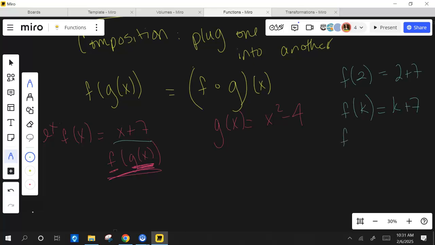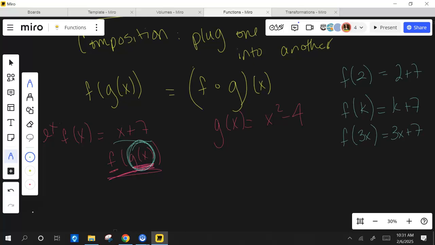If I said, what is f of 3x? Everywhere there was an x, I replace it with 3x. Whatever is in parentheses is what's going in for my x. This time, though, I'm plugging a whole function in every time there's an x.